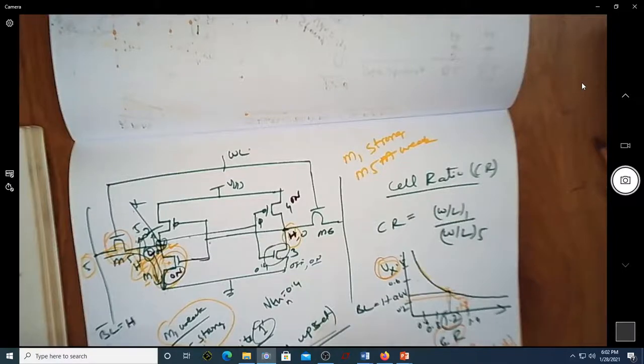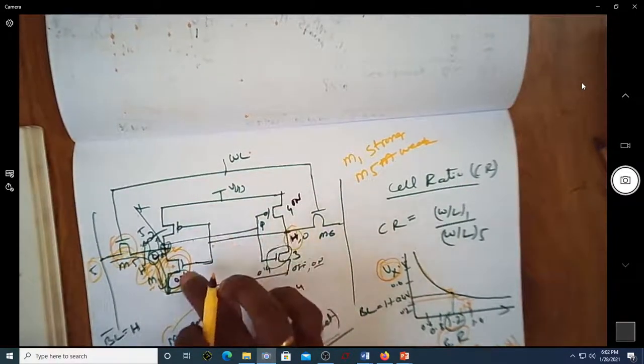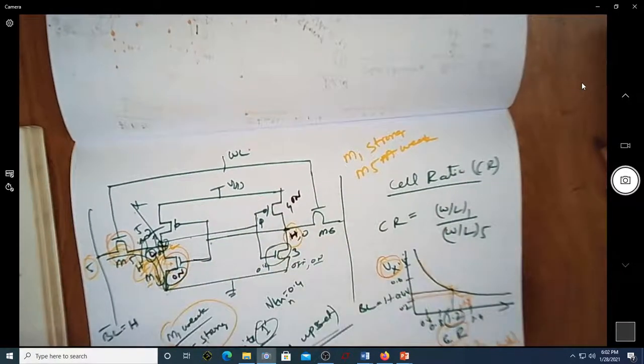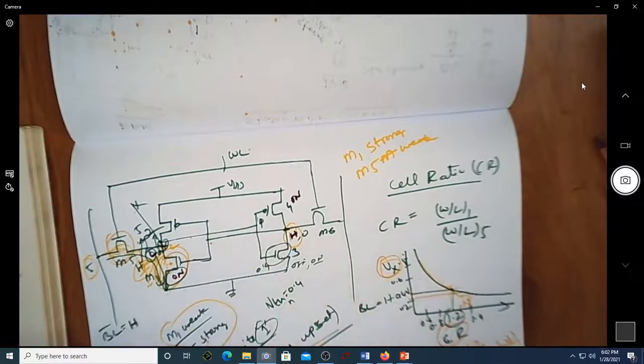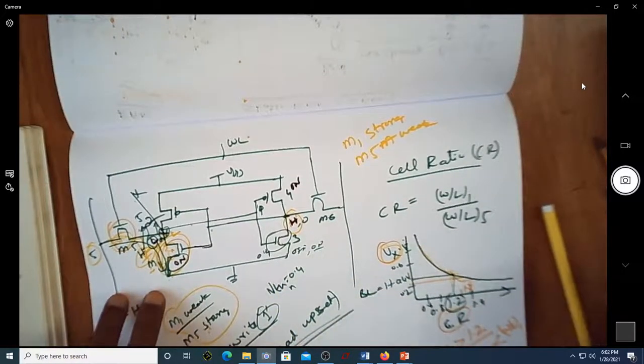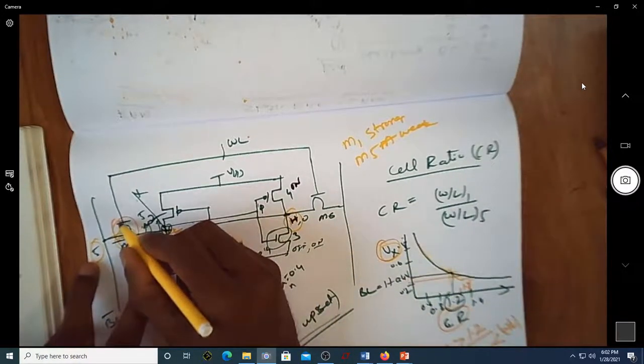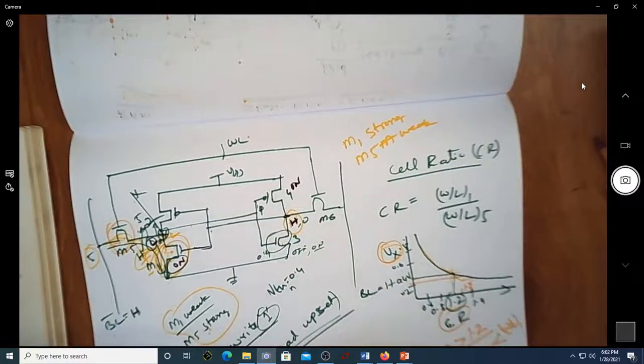So usually these are the transistors which are used for creating the memory. In order to have more and more memory locations, the transistor dimensions will be kept as small as possible. That will be kept as minimum as possible. So what they will do is they will keep the dimension of this M5 transistor at minimum dimension.